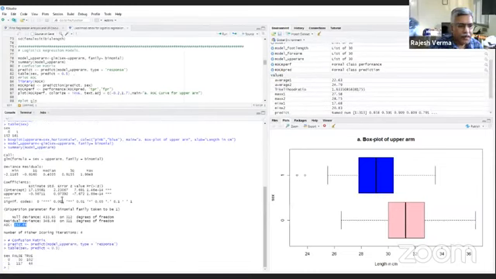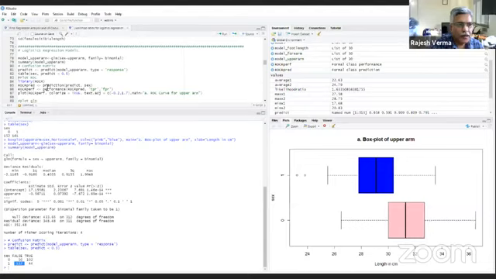If we only use the upper arm, 102 of the 152 males are correctly classified, and 117 females out of 161 are correctly classified. From this you can find the true positive rate.